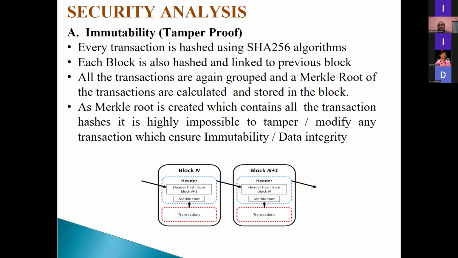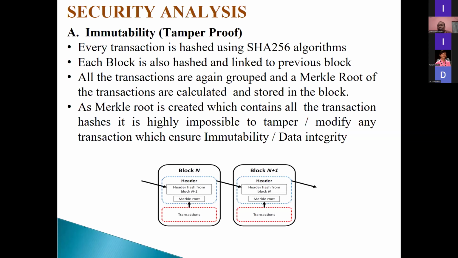And after this, immutability is a very, very important property. Why does the blockchain give trust? See, here the nth block is there, the n+1 block is here. Here is the header hash from n-1. So the n-1 block header hash will be here, and the nth block header hash will be here. So the header hash from block n will be here. If there is any change in block n, and you apply the hash and check it with the hash in block n+1, then if there is any change, that means some modification was done on the nth block.